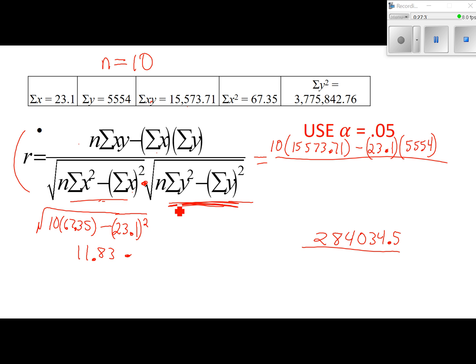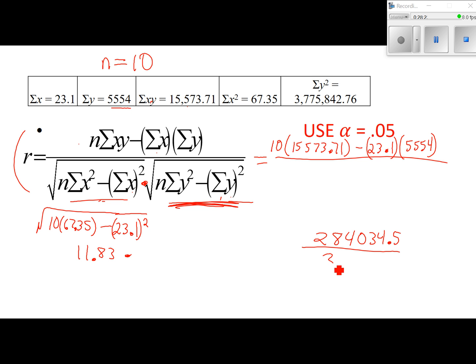So times second square root 10 times the sum of all the y squareds, which is 3,775,842.76, minus the sum of all the y's, which is right here, squared, so 5,554 squared, and then hit equals, and I end up with 31,094.23.